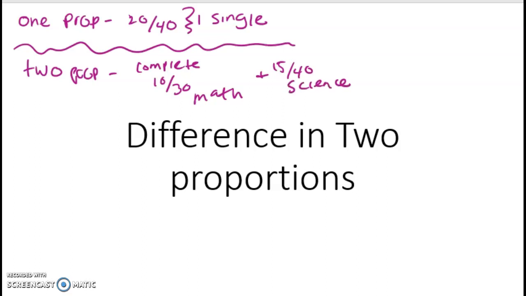So in this case, you're going to be getting two different proportions, and that's going to be how the formula differs from one proportion. Now, it doesn't necessarily matter which one you choose to be your first proportion and your second proportion, which is going to make way more sense once I show you the formula. But it does matter how you interpret it. So we'll look at that later on.